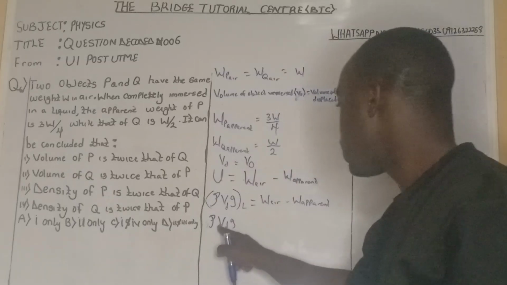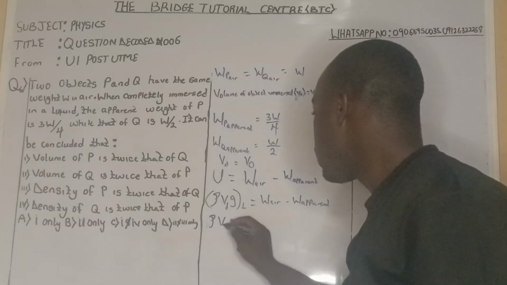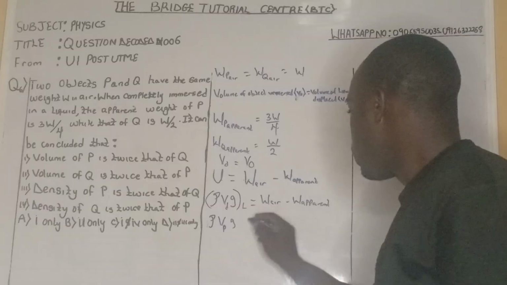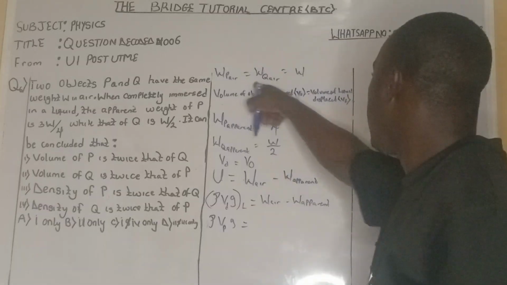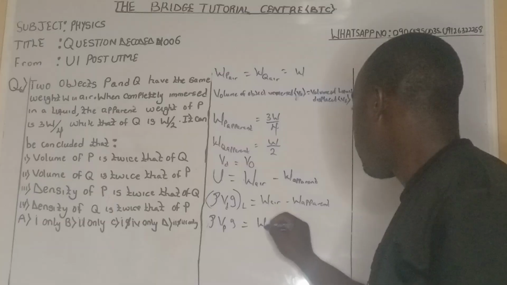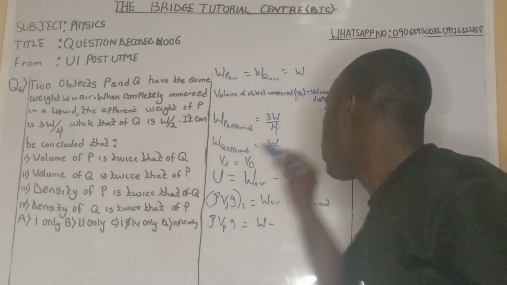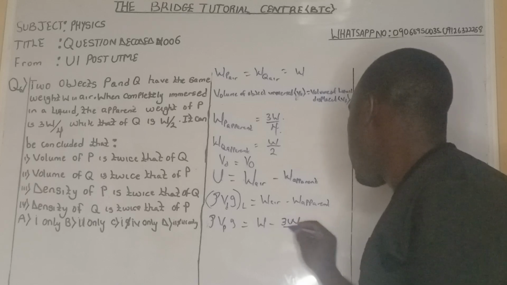So instead of writing VD, I can write it as VP, the volume of P, multiplied by acceleration due to gravity g. That now equals, what is the weight of P in here? We have W minus the apparent weight of P, which is 3W over 4. So we have minus 3W over 4.